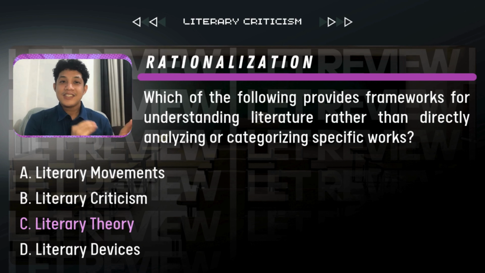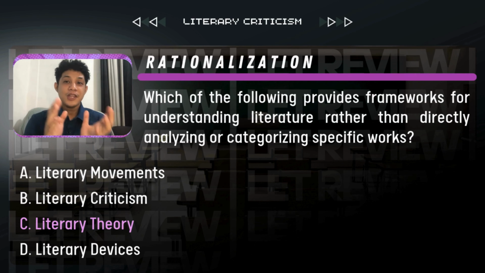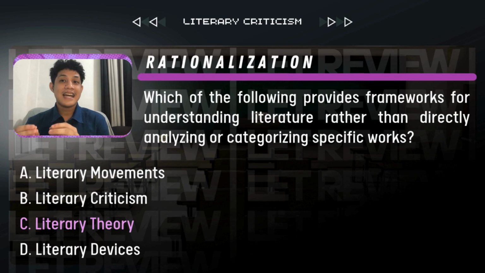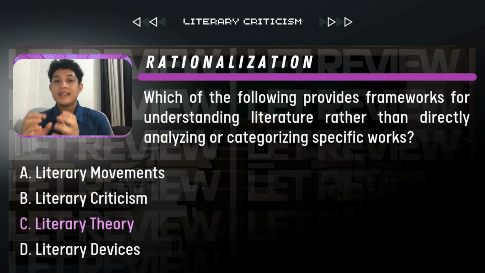So the answer is letter C, literary theory, which provides the abstract frameworks and philosophical foundation for understanding literature. This is different from literary criticism, because literary criticism is the way we analyze specific works, and the question needs a concept that provides an abstract framework, which is defined by literary theory.